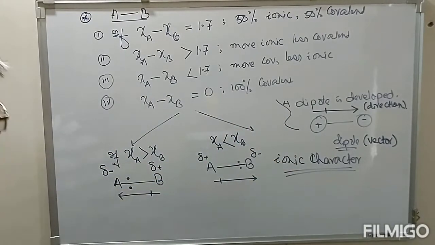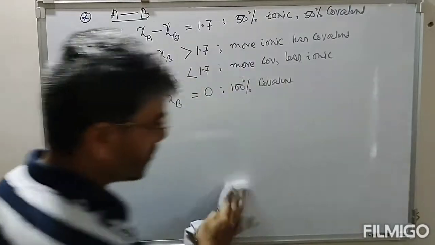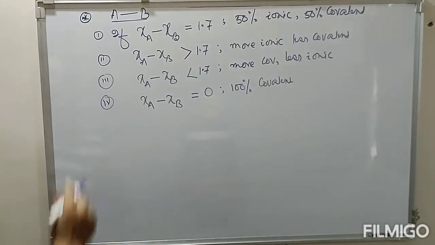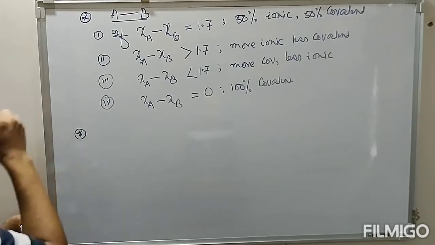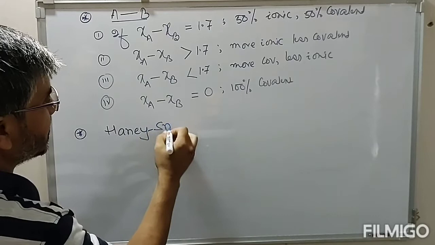The other way is, there is one more method. I'll give you the experimental method also. The second one is the Hannay-Smith equation.